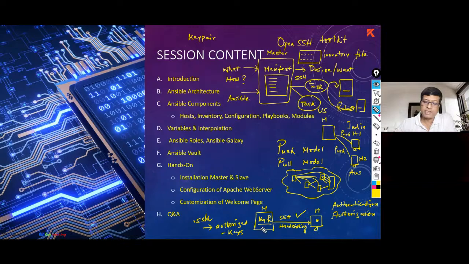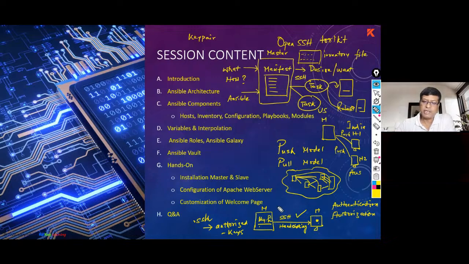So there will be an authorized keys file over here, and there will also be an authorized keys file over here. So the key pair that you have generated should also be available in the authorized keys file of them. Then there is a mechanism through which the SSH connection will be able to read the authorized keys file, and it will match the key pair of the master.